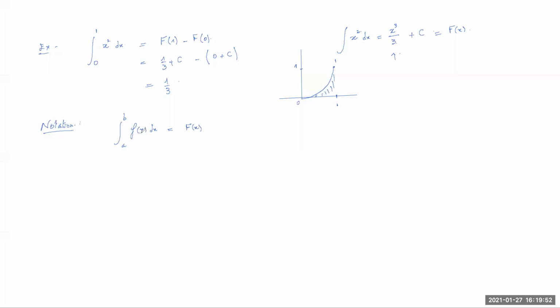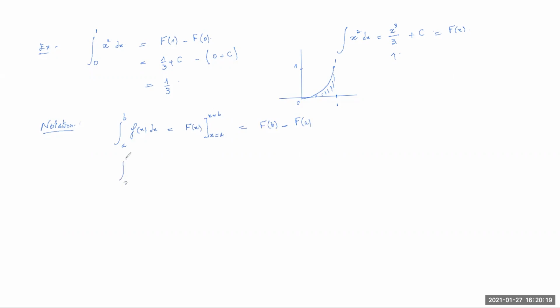We refer to an antiderivative of f, and we take it between x equal a and x equal b, which means you take the function at the value b, the highest endpoint, minus the lower endpoint, F of a.